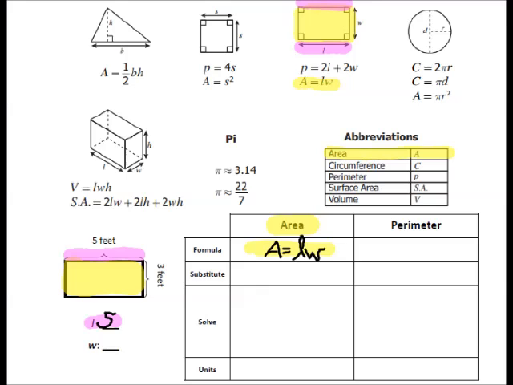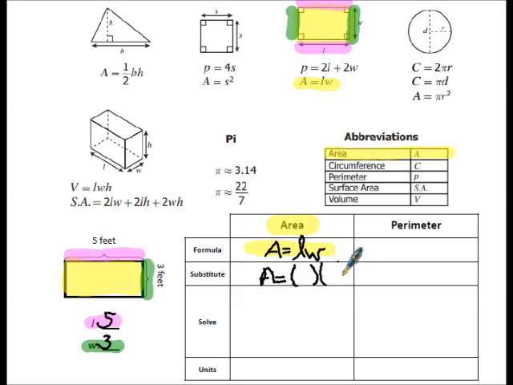And the width is the up and down measurement. So we'll highlight that green. You can see that measurement on either side, on the two sides that are congruent and opposite and parallel. So we see that the width is 3 feet.